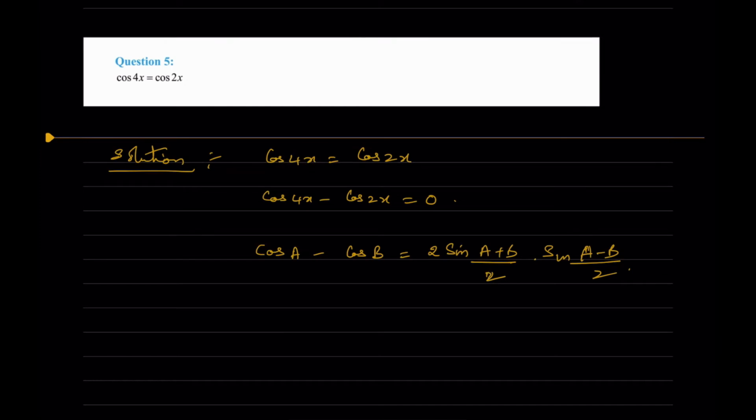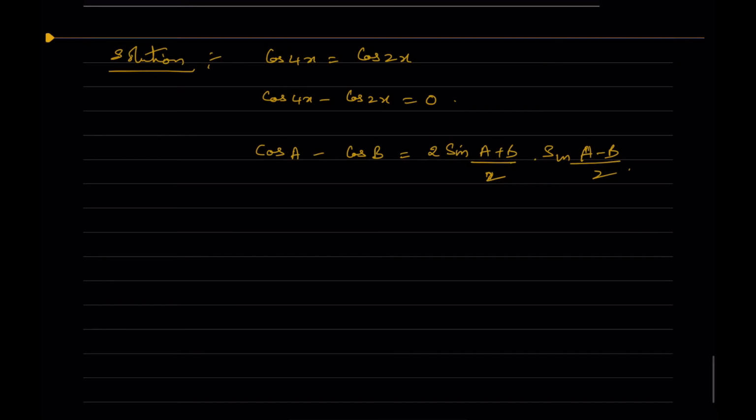So what do we get here? Using this formula, cos 4x minus cos 2x is equal to 0 can be written as minus 2 of sin of 4x plus 2x by 2 into sin of 4x minus 2x by 2, which is equal to 0.